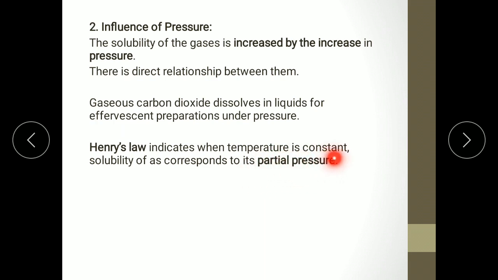Means whenever temperature is constant, solubility depends on the partial pressure of the gas. This Henry's law again we have to see in the topic of solubility of gas in liquids.